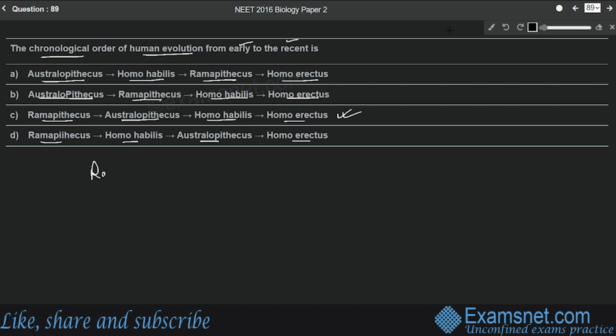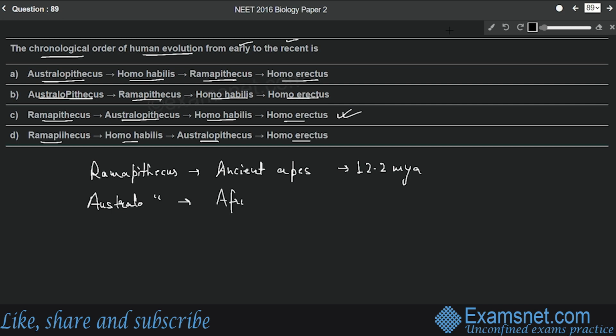Okay. Let's write it down here. Ramapithecus. These were also known as ancient apes. Okay. Ancient apes, and these were found 12.2 million years ago. Then the second one is Australopithecus. These were found in Africa and they were found around 4.2 million years ago.